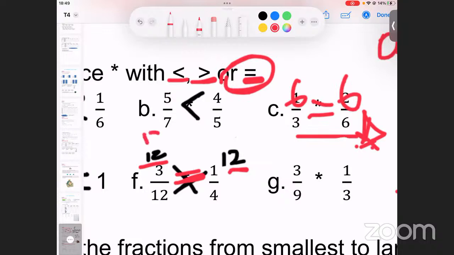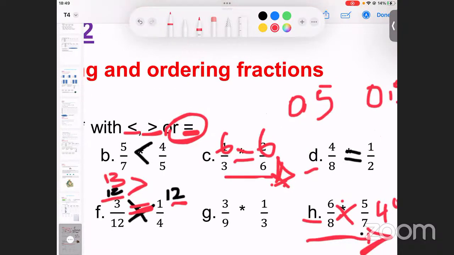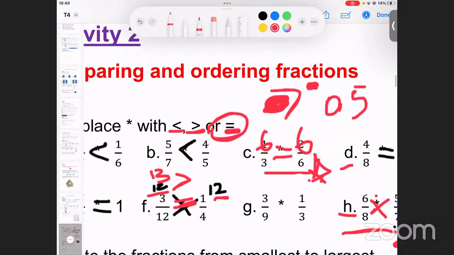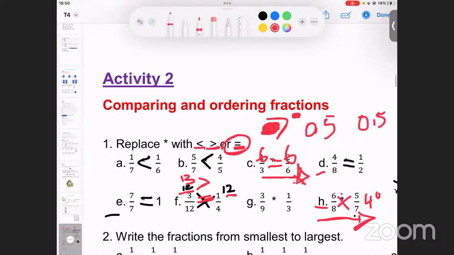If you got a 13, that means 13 is greater than the 12. Remember I said the bigger one goes inside the opening, and the smaller one shares the pointy part.